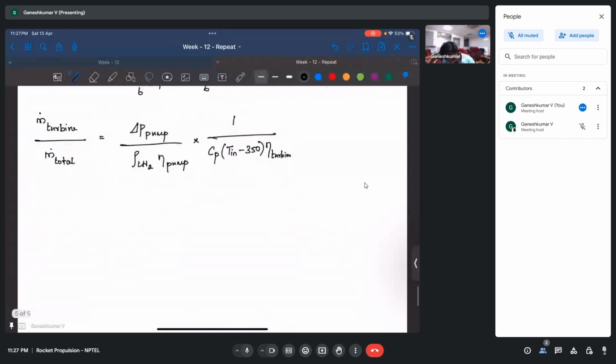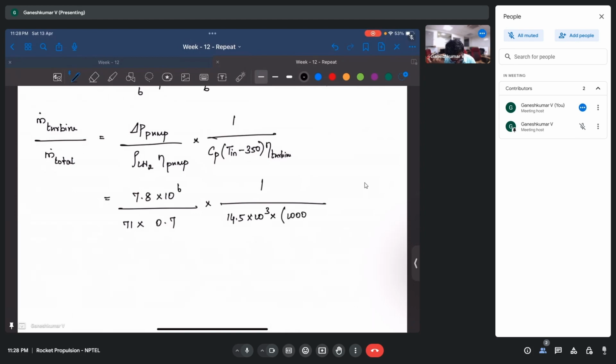So here the delta P we all know is 7.8 into 10 power 6 pascals, divided by density, 71 kg per meter cube, and heat of pump is 0.7, multiplied by 1 divided by Cp, which is 14.5 into 10 power 3, and T in is 1000 Kelvin we just found out, minus 350 Kelvin, and efficiency of turbine is 0.8.